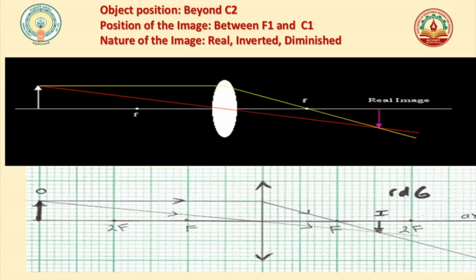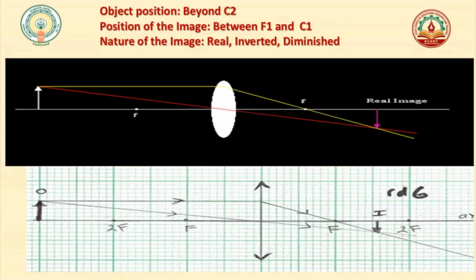Okay, now we already discussed the object position beyond C2, position of the image between F1 and C1. You have to use graph paper because the students will understand the relation between the focal length and radius of curvature. One more precaution is that we have to draw these ray diagrams on graph paper. Why? Because on graph paper we can visualize the focal length and the radius of curvature, and the radius of curvature will be double the focal length.